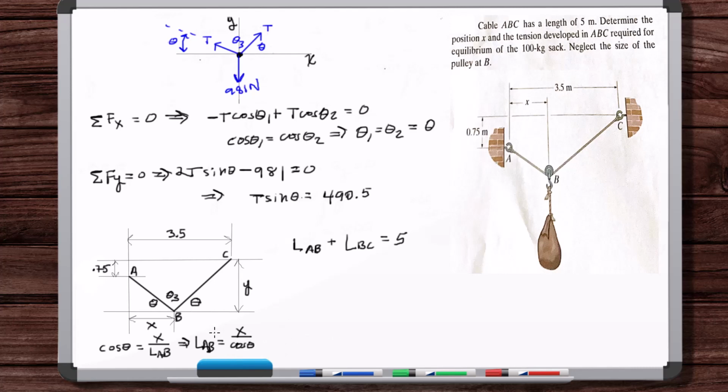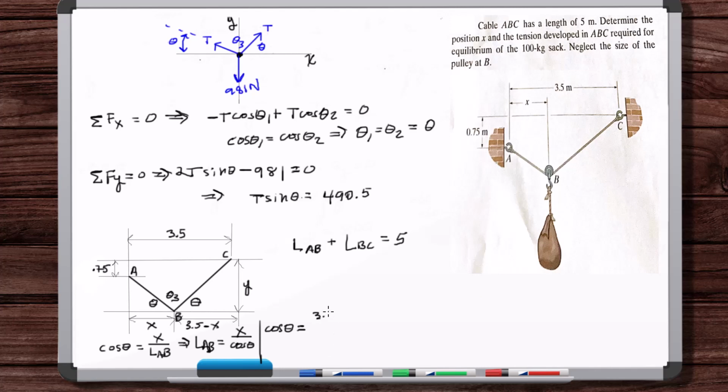Okay, now similarly, this right here is 3.5 minus x. Okay, so cosine theta is equal to what?